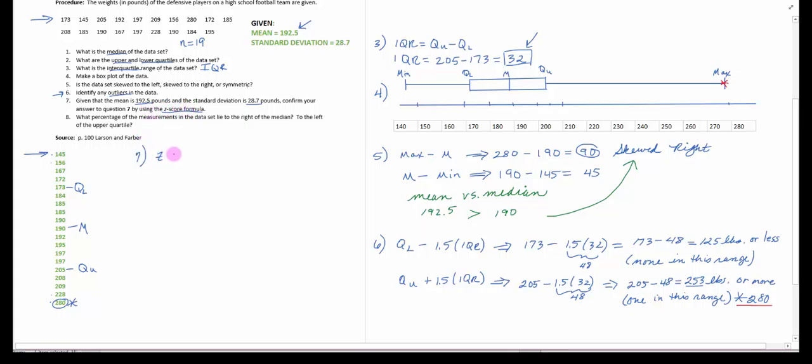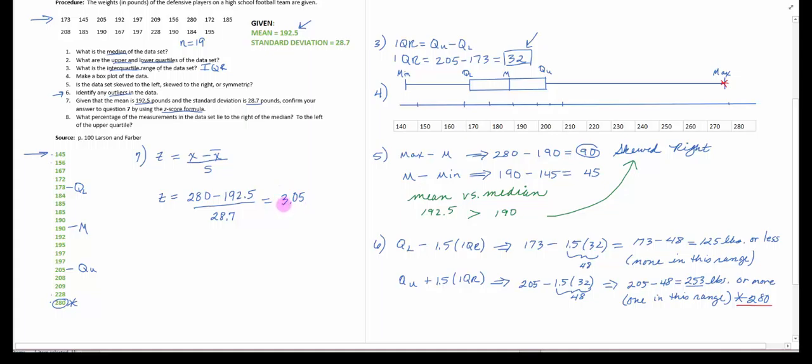So recall that the z-score is equal to x value minus the mean divided by the standard deviation. Our z-score then would be 280 pounds minus the mean of 192.5 divided by our standard deviation of 28.7. So using your calculator, you should come up with a z-score of 3.05.